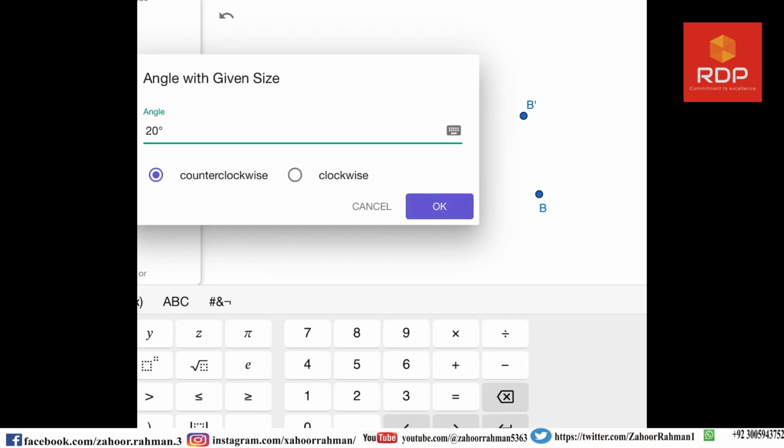So select this one and this one, and then I have to write 60 degrees here, but it should be clockwise as I told you in that case. So now the next part is to make the lines visible. So let us make this line and this line visible.